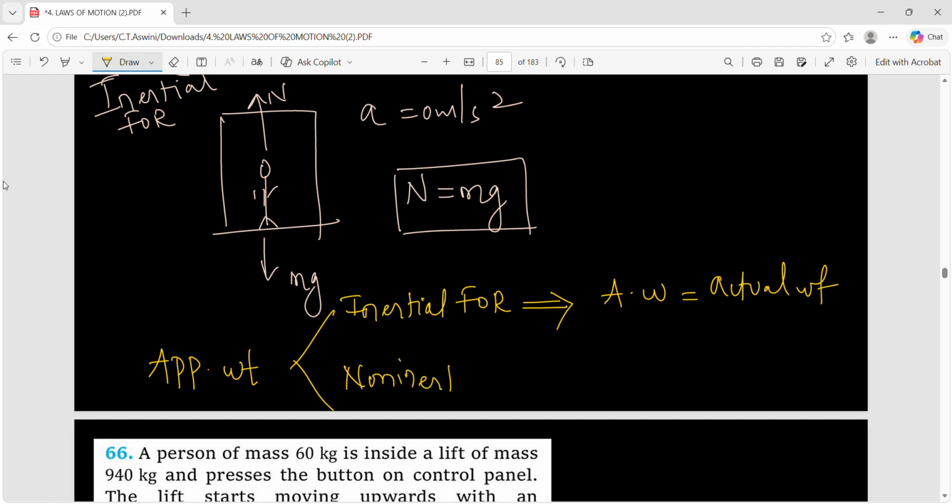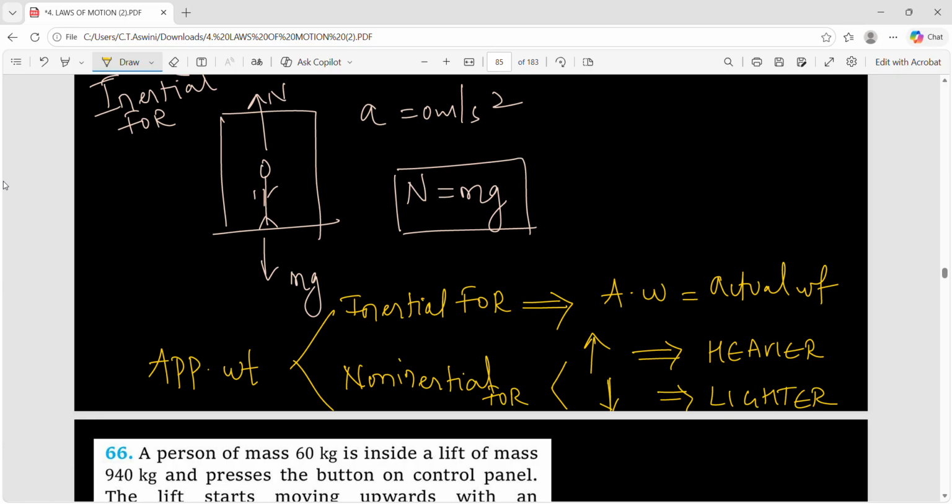But whenever the person is in non-inertial frame of reference, then you have to see whether it is moving upwards or downwards. If the frame of reference is moving upward, the person will feel heavier. That means he will feel more than his actual weight. If frame of reference is moving downward, he will feel lighter. Giant wheel is the best example.